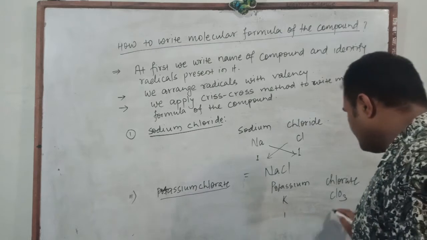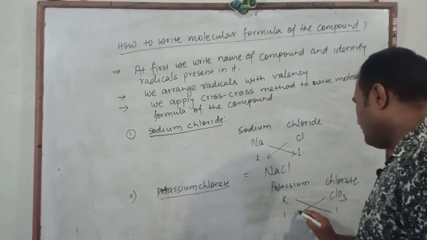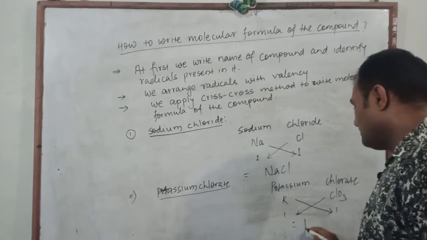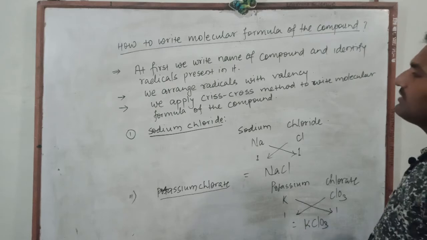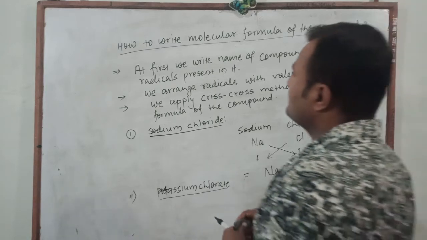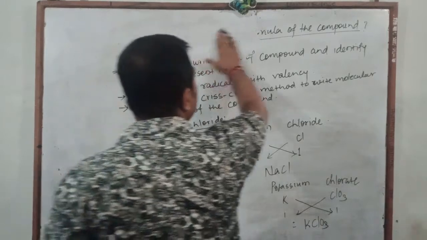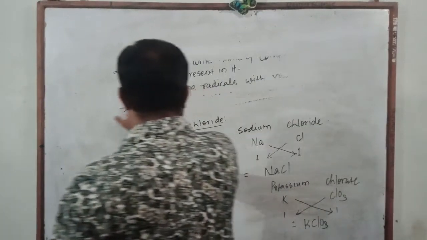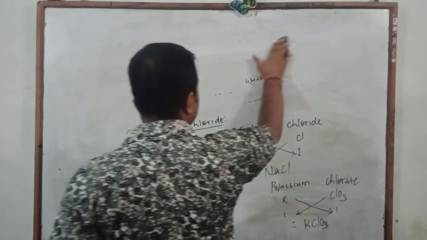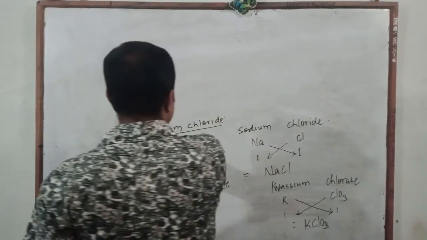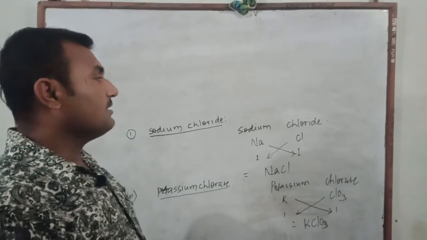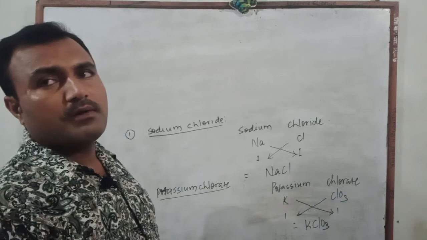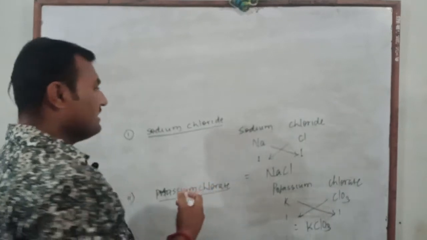Both have valency 1 and 1. When we crisscross it, we get KClO3 as the simple molecular formula. After that, we discuss a few molecular formulas, and you all should practice much more to become efficient at writing molecular formula of the compound. Several names of compounds I will provide you in the link, and also solve from your book.